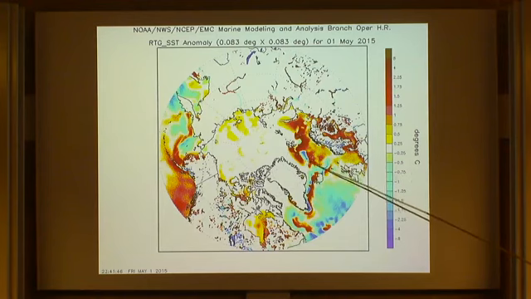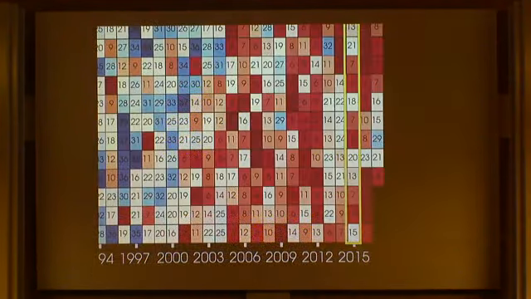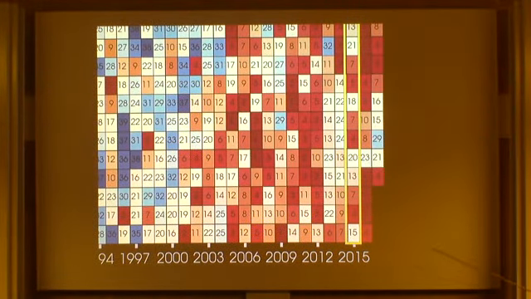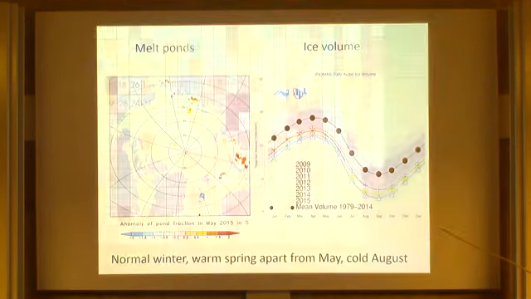We had a strong positive SST anomaly in the North Atlantic, which caused a reduced winter ice extent and had an impact at least on the coastal regions. 2015 was in a way a bit mixed, but in spring, in May, it was still quite cold, so the ponding was quite weak.